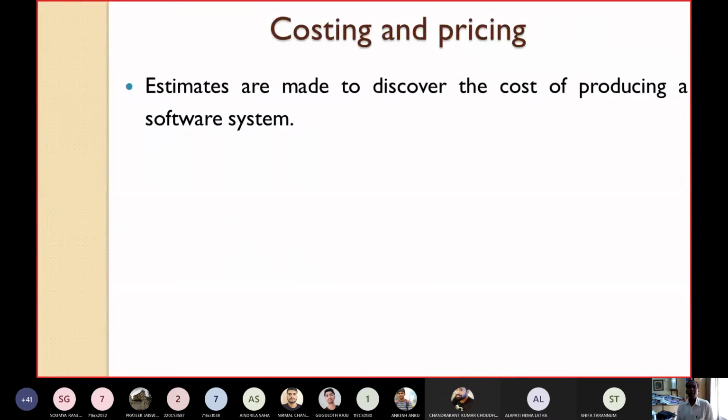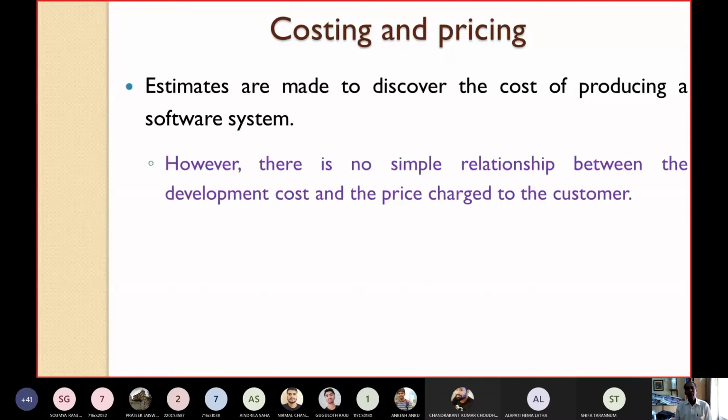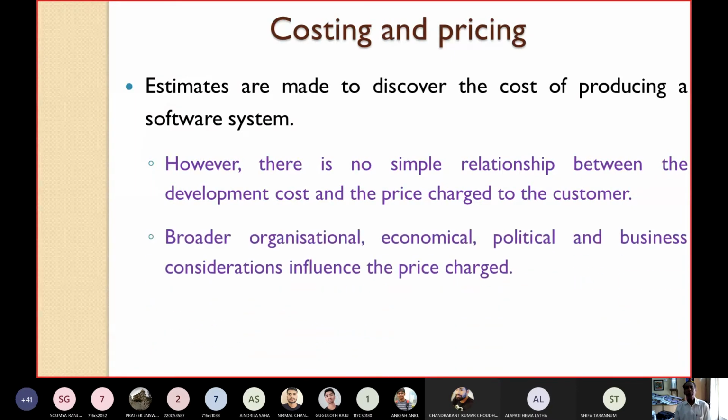Now let's see quickly a little bit about costing and pricing. The estimates are made to discover the cost of producing a software system. However, there is no simple relationship between the development cost and the price charged to the customer.